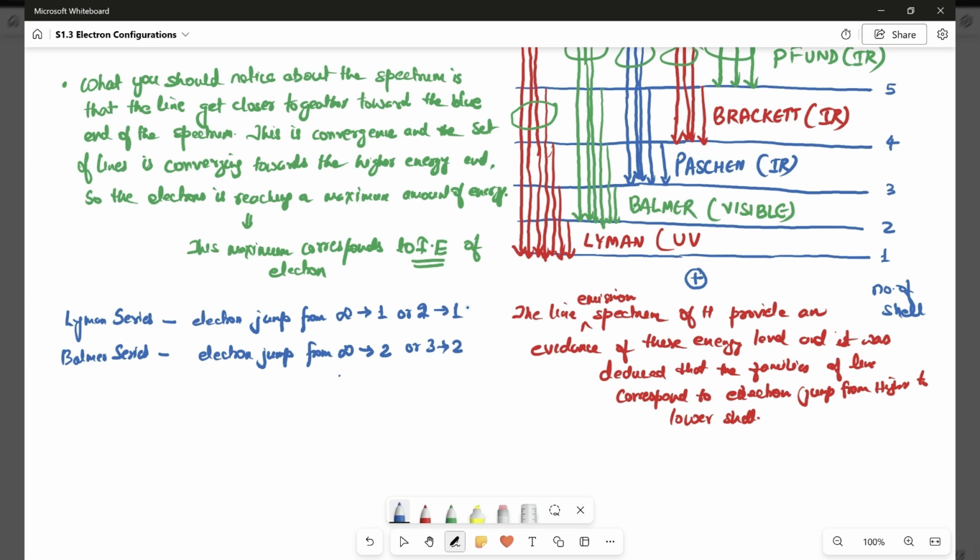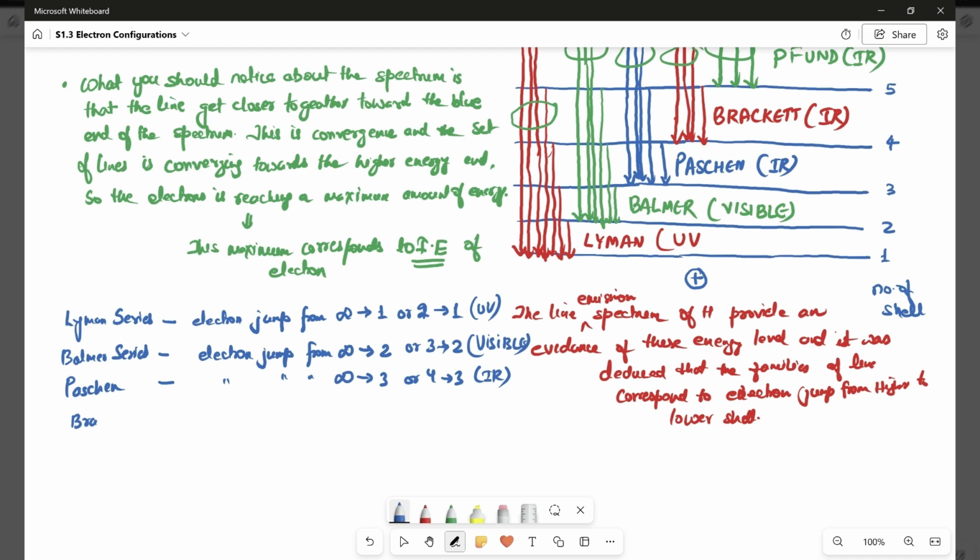What is the nature of light? This is visible, and this is UV. Then third we have seen Paschen. Here the electron jumps from infinity to the third shell, or 4 to 3. They are infrared.